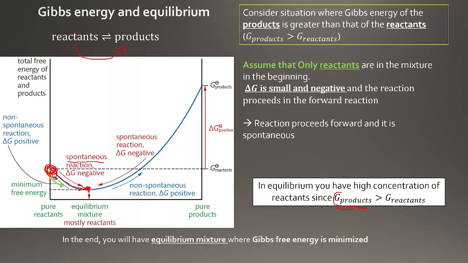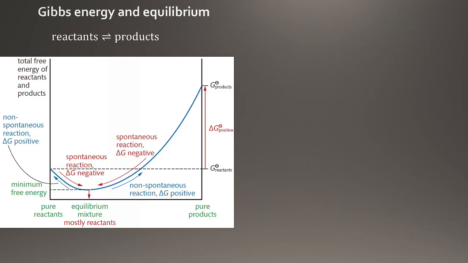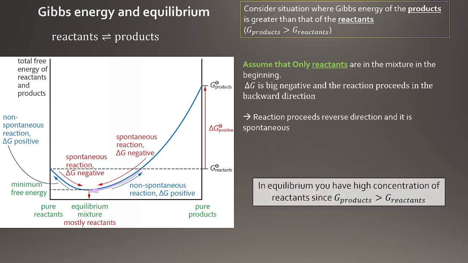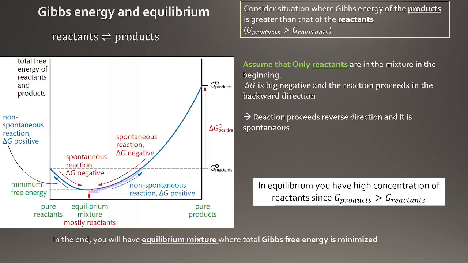You don't need to be a doctor to understand that if we start from the right end in this curve, what will then happen? Okay, there is a typo. This should be products. So if we start from here, the Gibbs energy is enormous.